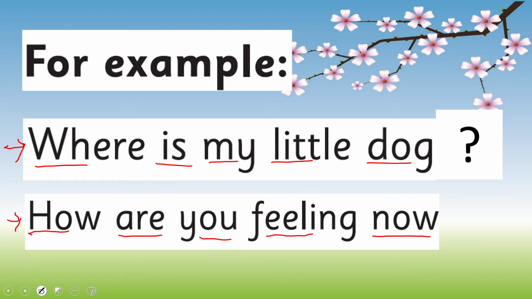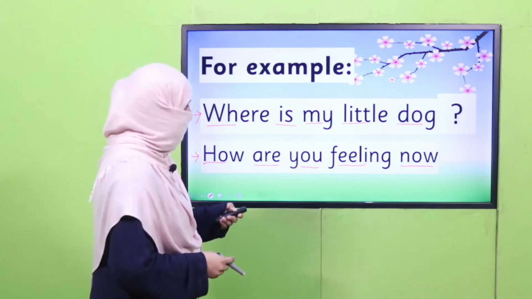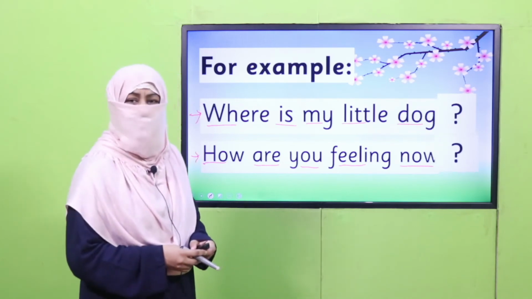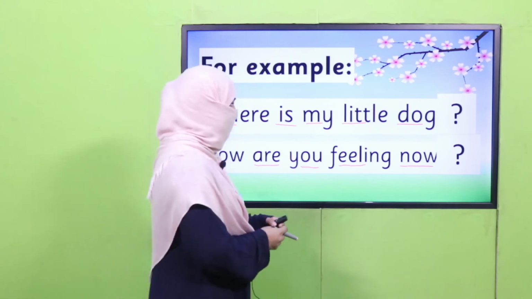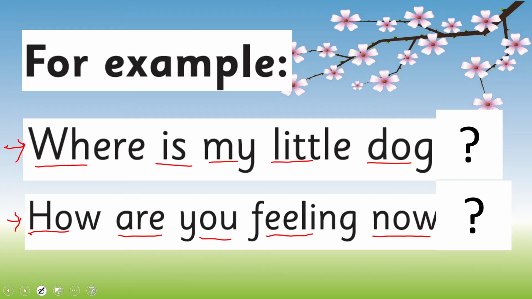Again, it is a question. That's why what are we supposed to do? Yes, now you know we will put a question mark at the end of this sentence. And how do we make a question mark? It's very simple. You see, it's like this. This is a question mark.